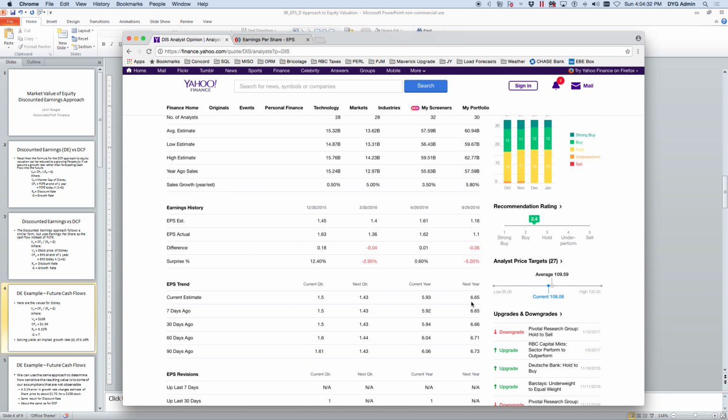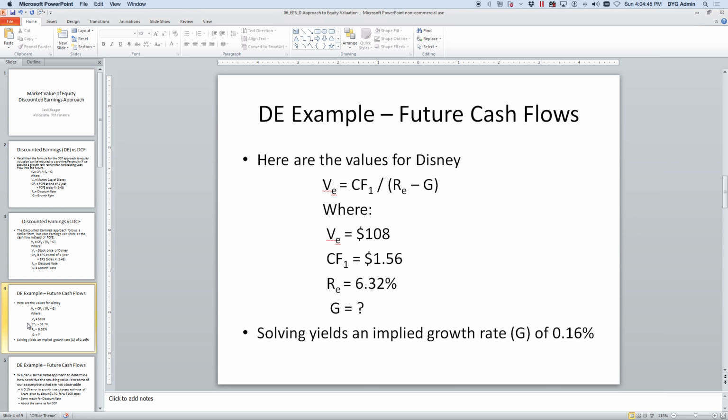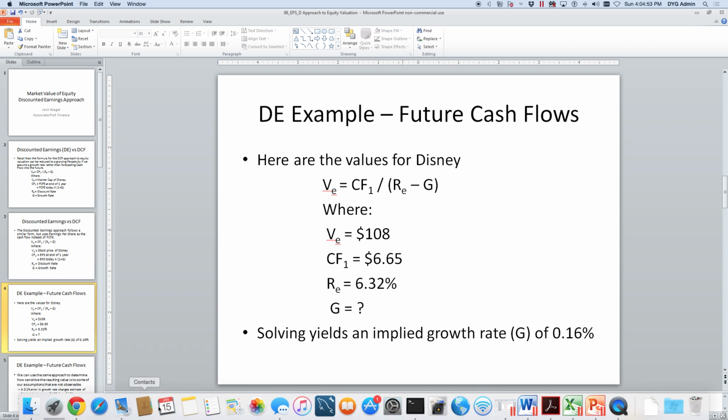So it's not $1.56, I apologize, it's $6.65. I haven't changed that. And you see the current earnings per share estimate was $5.93. For next year it's $6.65. So that's what I'll put in there, $6.65. Hopefully I made that correction in my calculations.